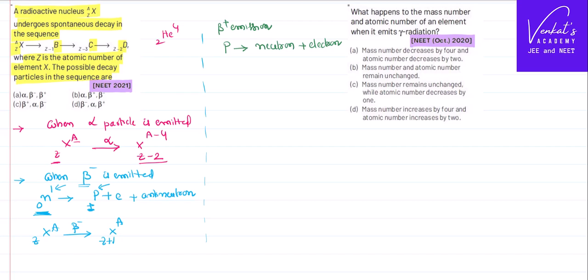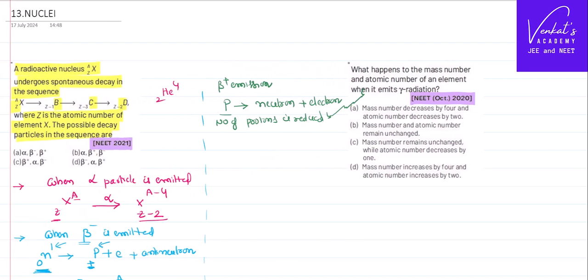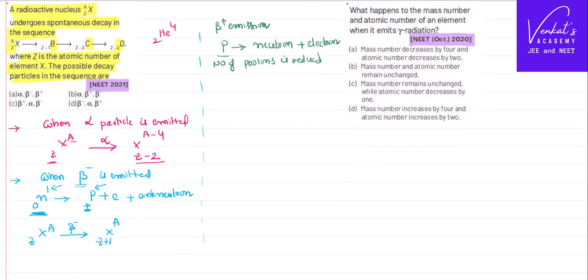So the number of protons after beta plus emission is reduced by 1, whereas as the proton is converted into a neutron, the mass number remains the same.